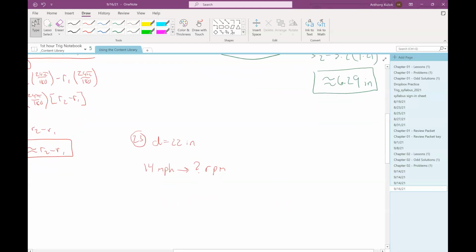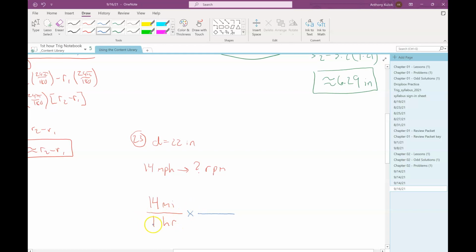Okay. So I'm going to start by setting this up like I would a dimensional analysis problem. So I'm going to write 14 miles per hour as 14 miles over 1 hour. And then I want to convert this into revolutions per minute. So the first thing I'll do is do the time conversion.